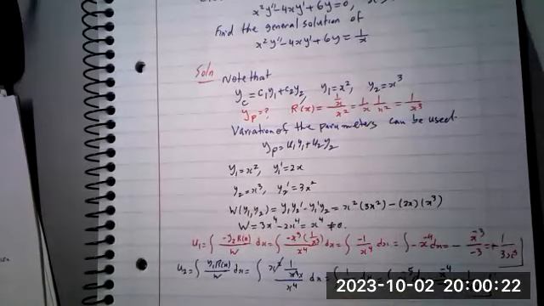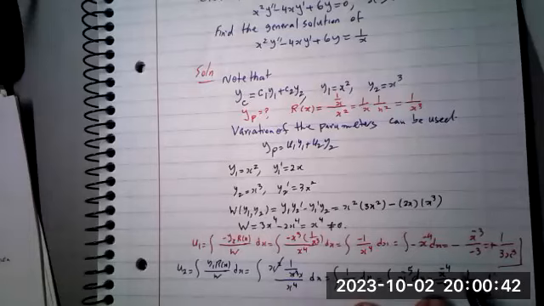So u1 is 1 over 3x cubed. u2 is negative 1 over 4x to the 4th. Yes, you are right, negative.